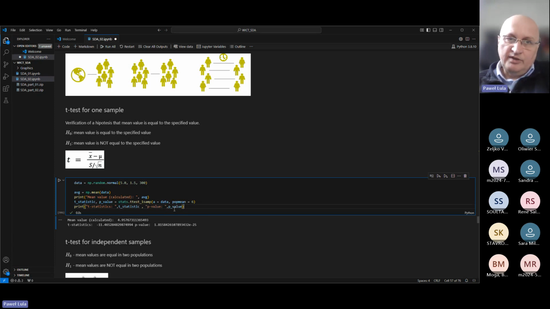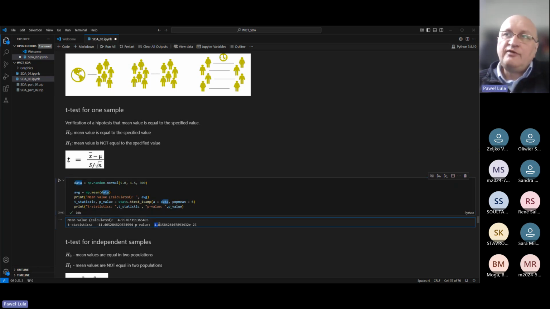It is a probability of obtaining this data set, which I have as a sample, in the situation in which the zero hypothesis is true. Assuming that the zero hypothesis is true, the probability of obtaining this data set is here.